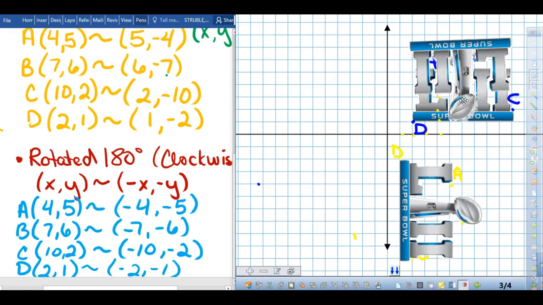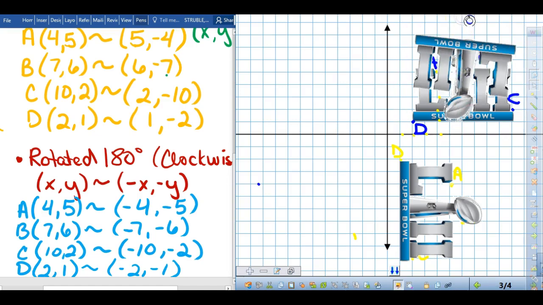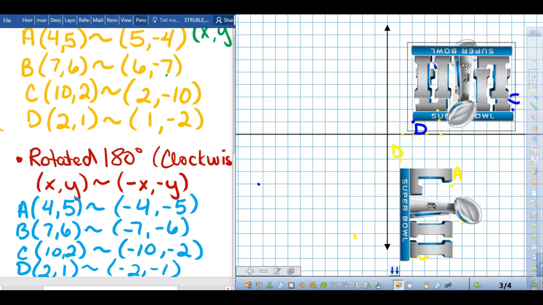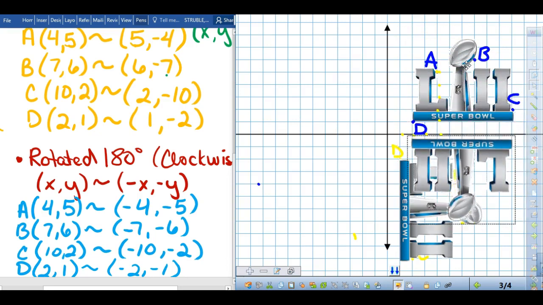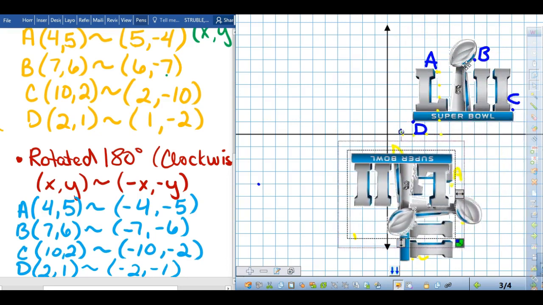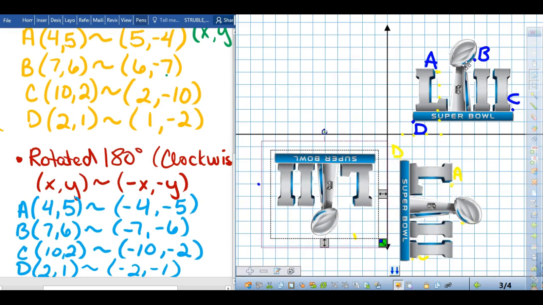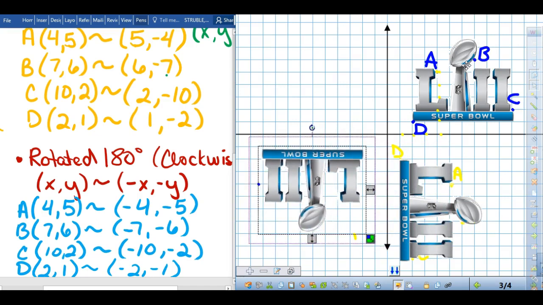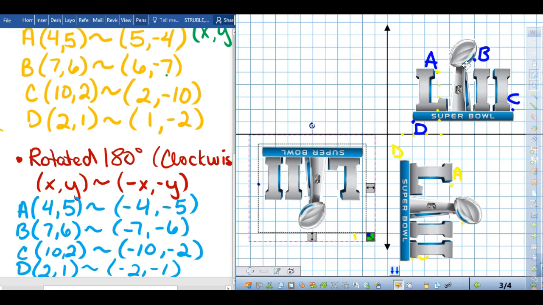It's going to be upside down. Okay, and then it'll be moved this way. And just up just a little bit more. That's exactly where it's going to be.